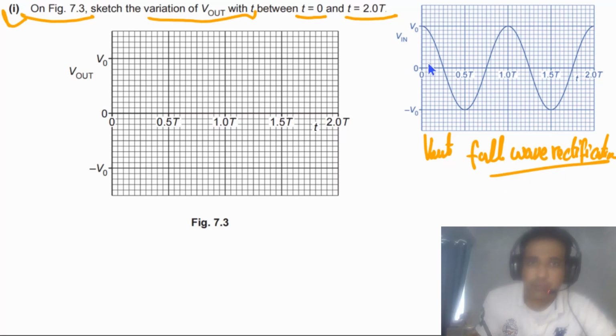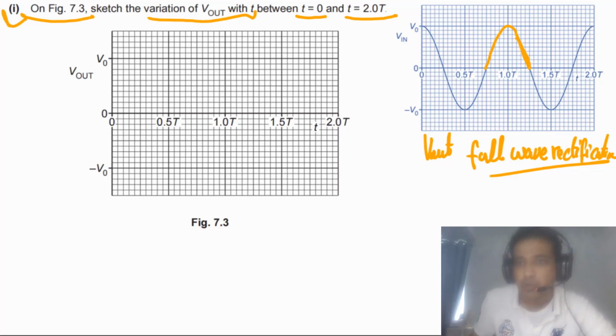Full wave rectification simply means that current flows only in one direction. So when this is negative, due to full wave rectification, meaning due to bridge rectifier, this one will be positive. So I can draw this positive part first of all.